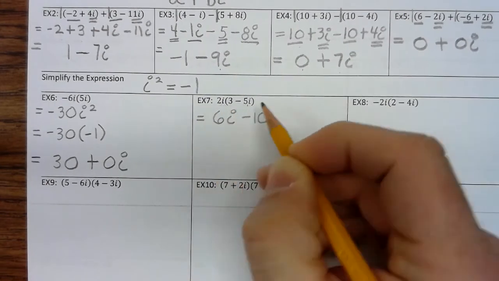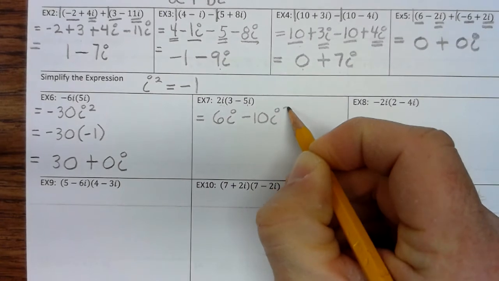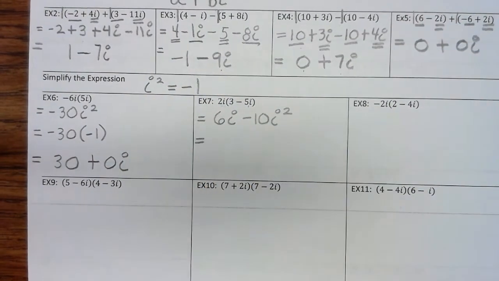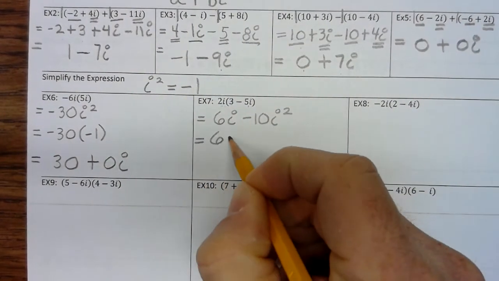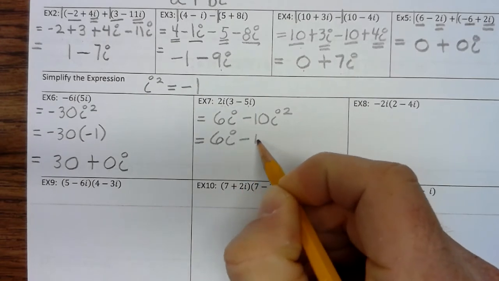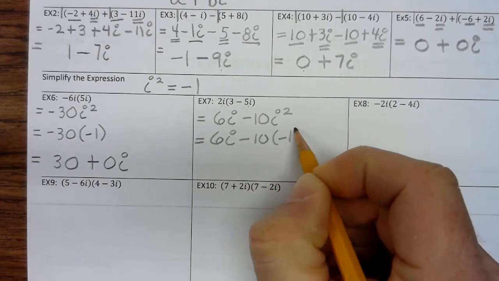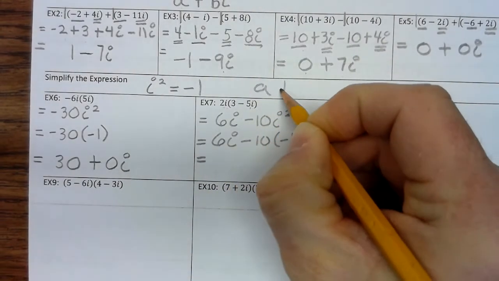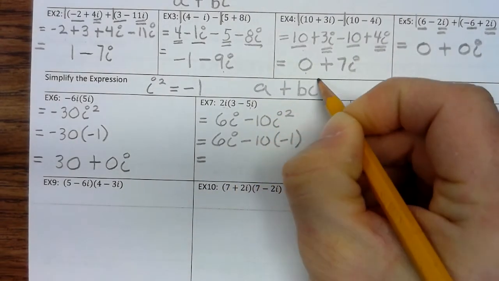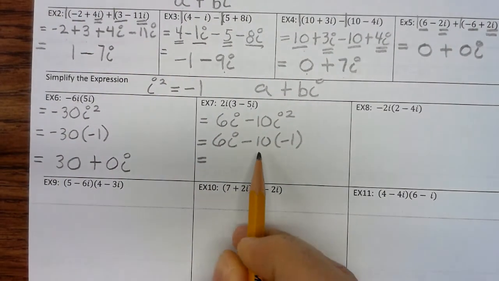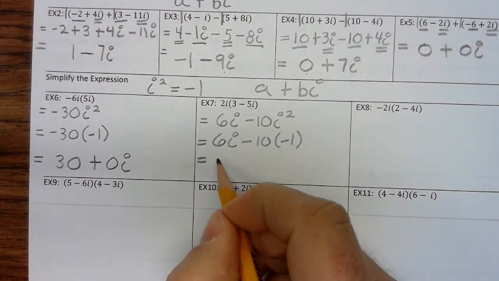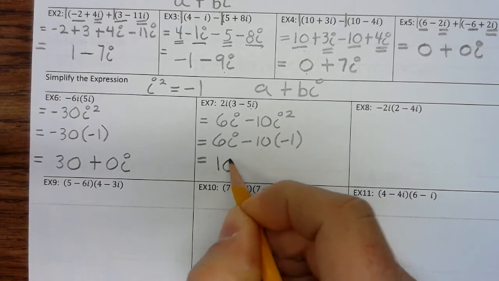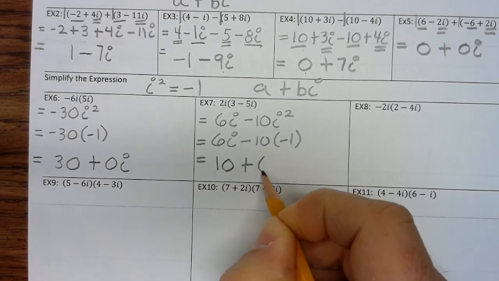And then I times I is I squared. So then that's 6i minus 10 times -1. And I'm going to rewrite this because remember a plus bi. And so -10 times -1 is positive 10 plus 6i.